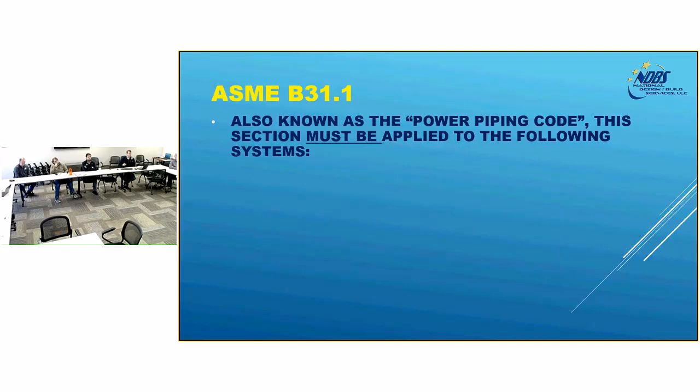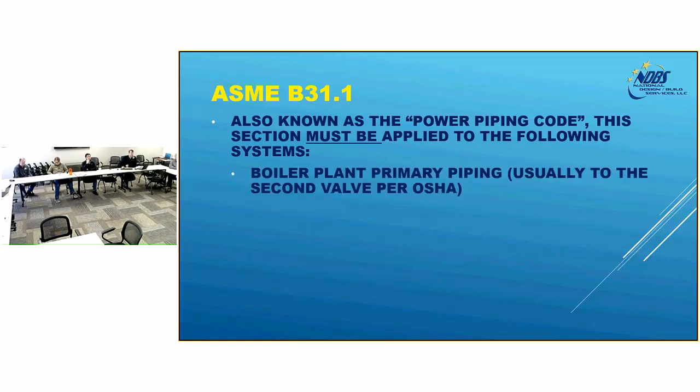Okay, let's jump into B31.1. So this is also known as power piping code. You have to use this system when you're in a boiler plant, and usually it's off the boiler to the second valve per OSHA. So when you buy boiler trim, you're buying an OS&Y valve and usually a slide gate valve.